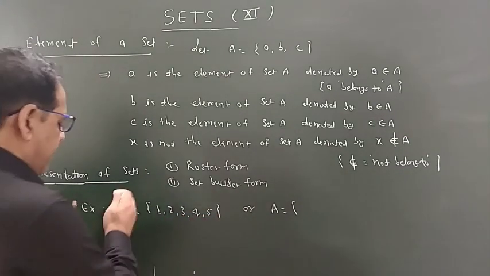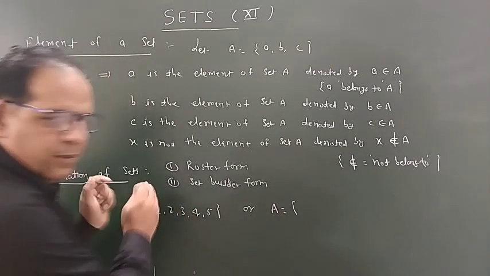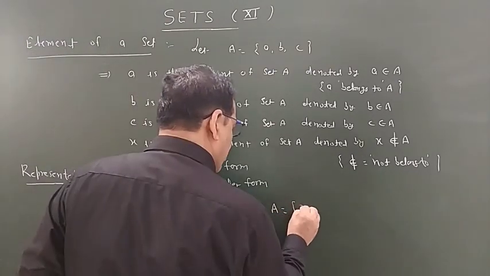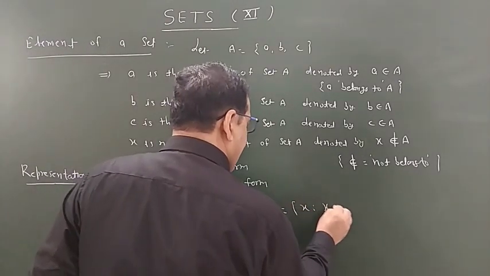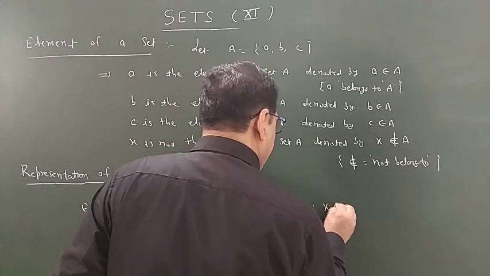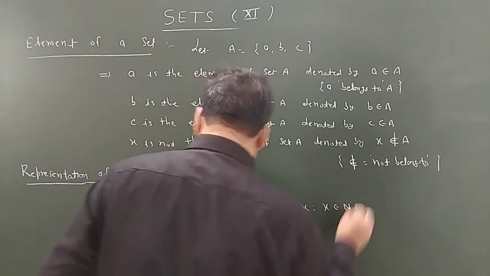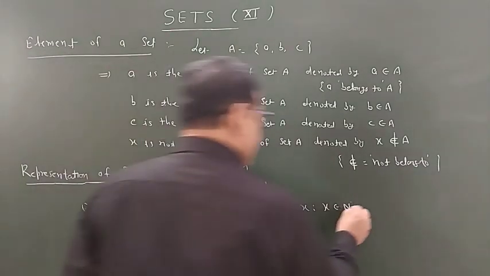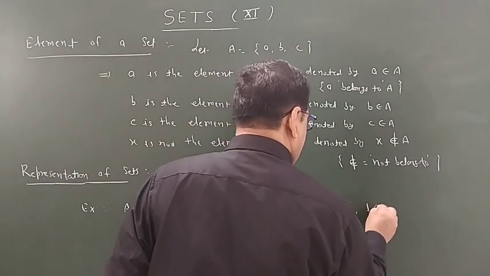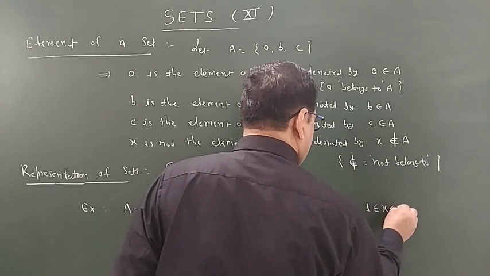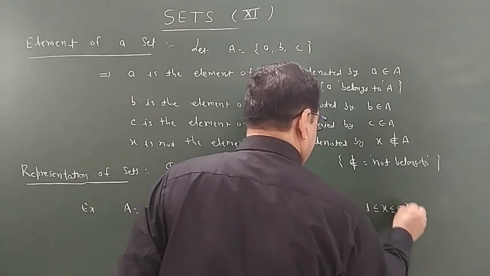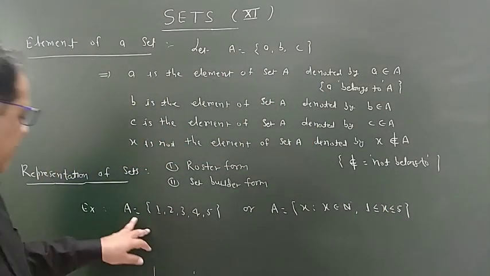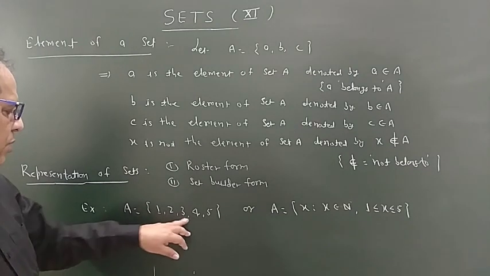Now what will be the set builder form of this set? We have A equal to {x : x belongs to N, 1 less than or equal to x less than or equal to 5}. Clearly all the numbers are natural numbers. Here these are the 5 elements: 1, 2, 3, 4, 5.